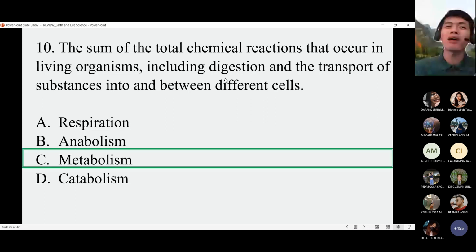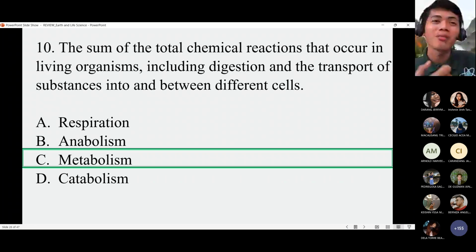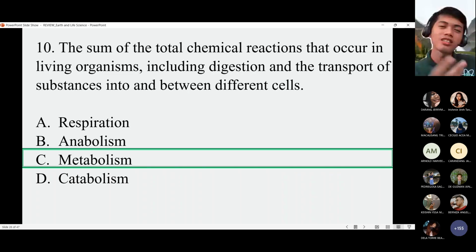Okay, again, it's metabolism. As I mentioned earlier, the sum of the total chemical reactions done by an organism is called metabolism. Example nun, cellular respiration, glycolysis, hydrolysis, dehydration synthesis, urea cycle, those are metabolism.